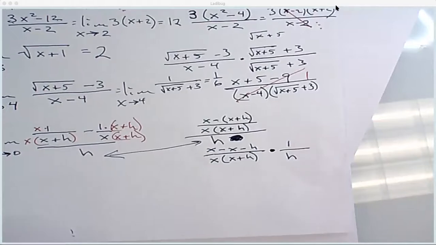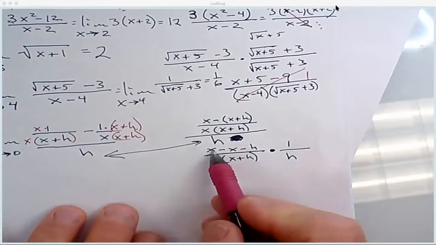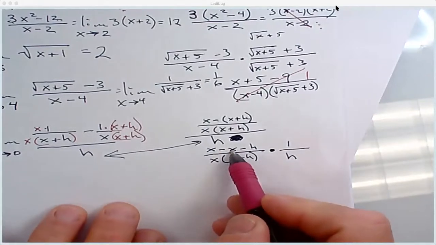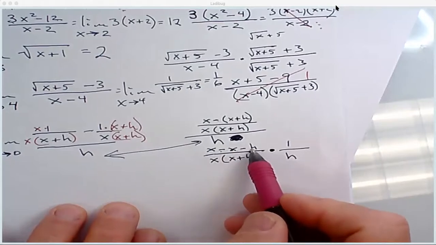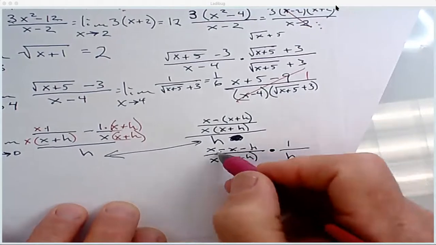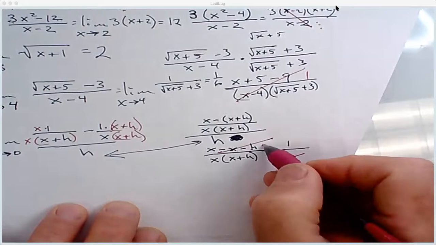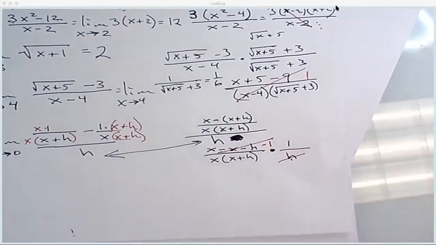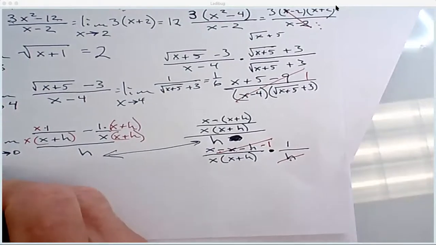So now I'm going to bring my red pen. X minus x is 0. 0 minus h is a negative h, which simplifies with this h right here, correct? Bam, bam, and I'm left with a negative 1. So now I'm going to come back to this limit.